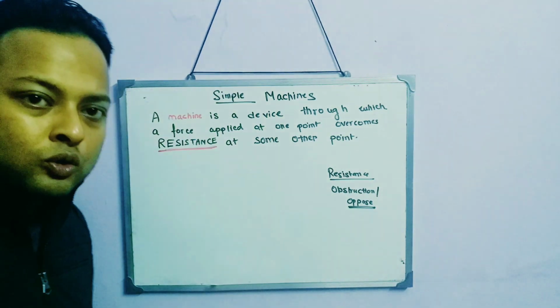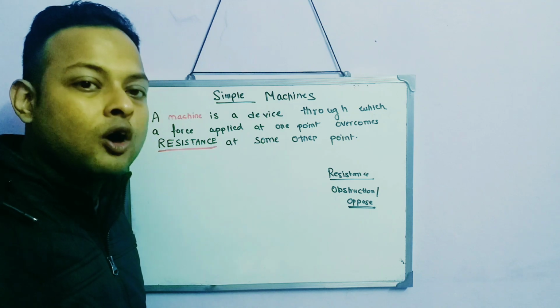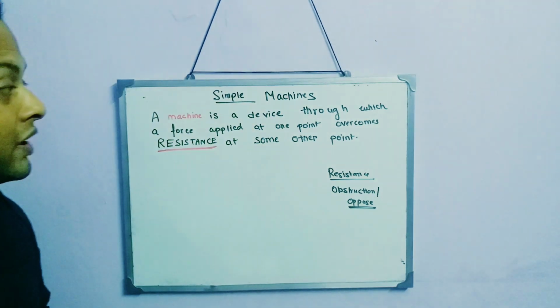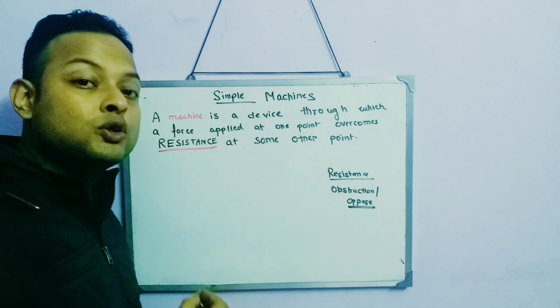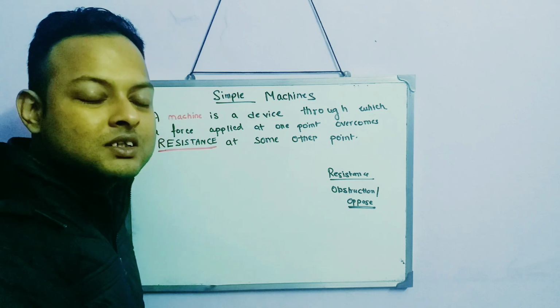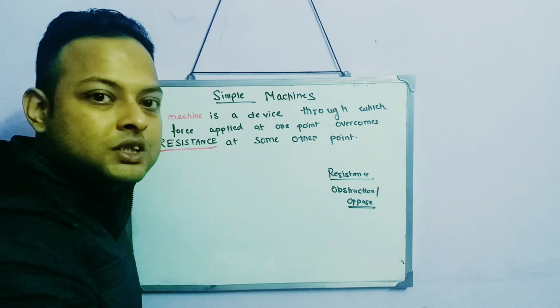Something that you want to do, but it is not happening because of an opposing force. A machine is a device by which you can overcome this resistance, this opposing force, this obstruction.